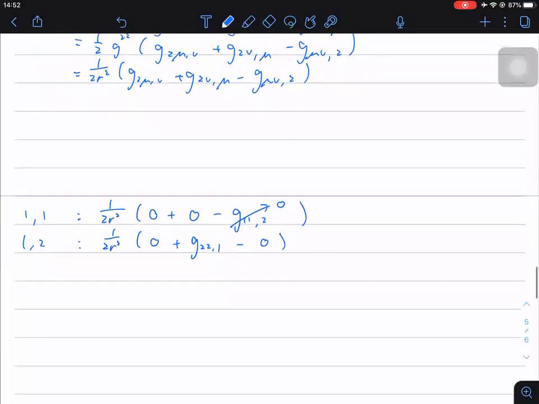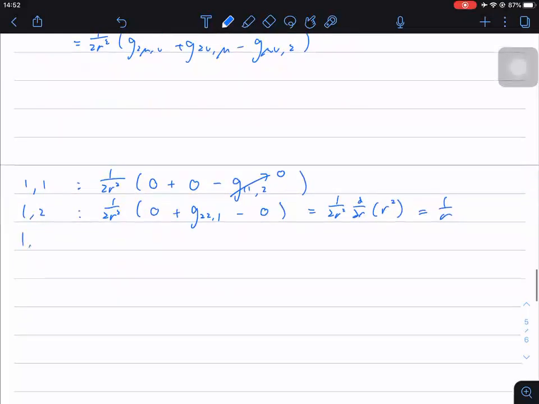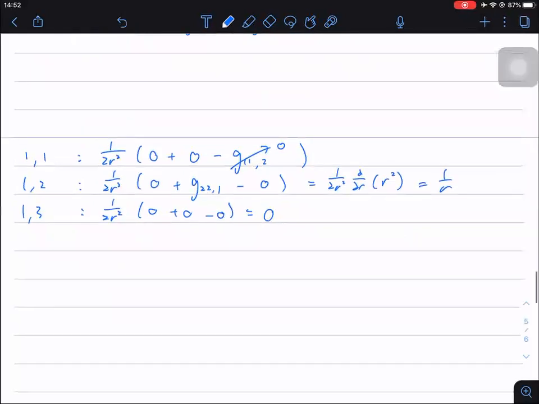Now for this term, we have the partial derivative of R squared with respect to R and 1 over R here. For the 1, 3 terms, we have 0, 0, and 0, so they're all 0. Okay, moving on to the 2 term.